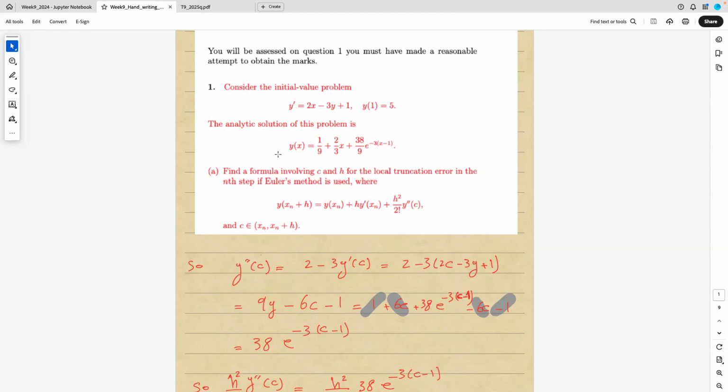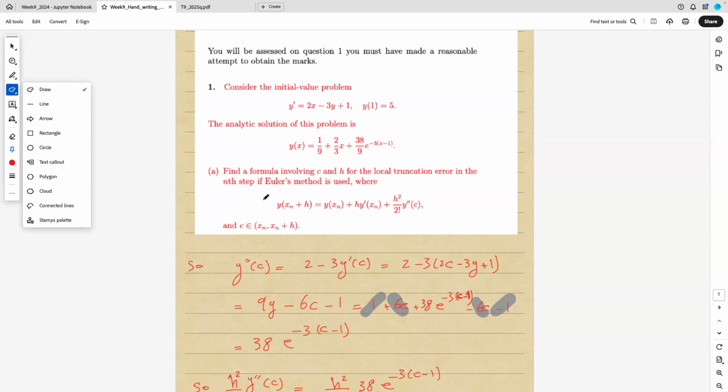The analytic solution is given to us, and part A asks us to find the local truncation error in terms of C and H if we use Euler's method. So the keyword here is Euler's method.